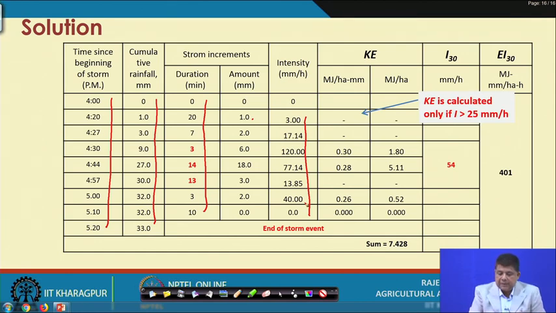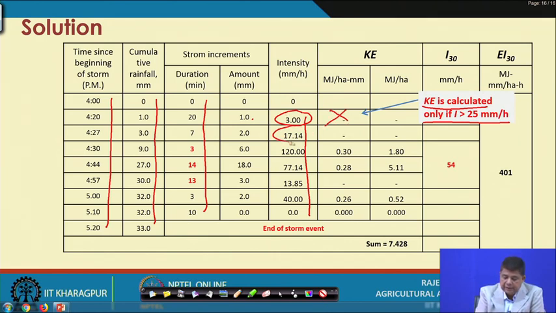But the difference starts from here. In any duration, if rainfall intensity is less than 25 mm per hour, then kinetic energy is not calculated. That means kinetic energy is calculated only if I is greater than 25 mm per hour. So, in this event you see which is less than 25 mm per hour, we are not calculating kinetic energy.